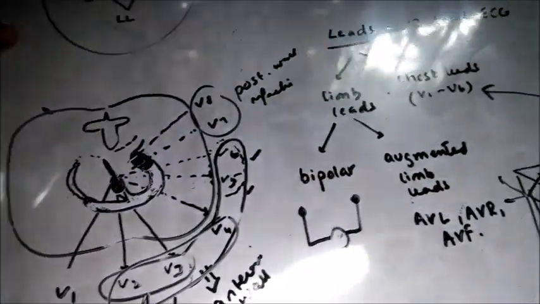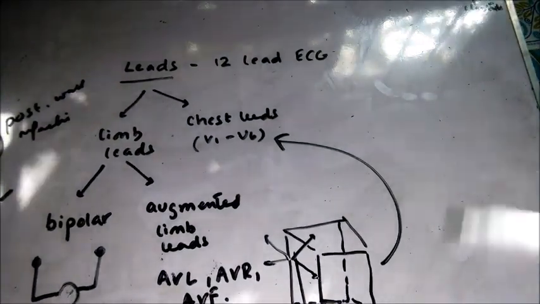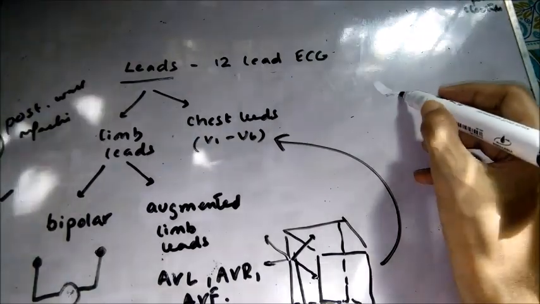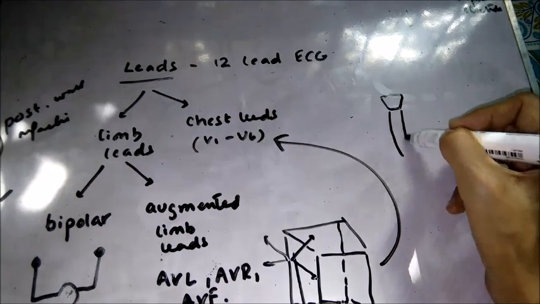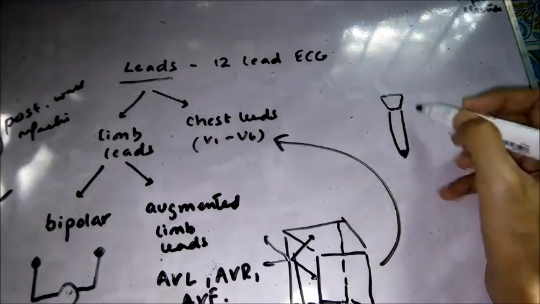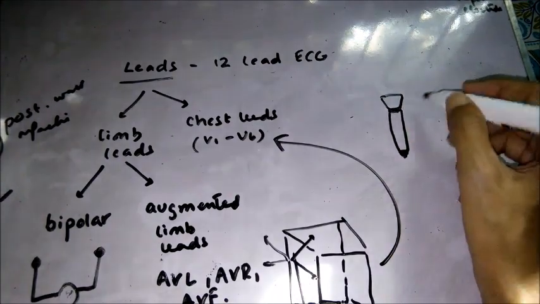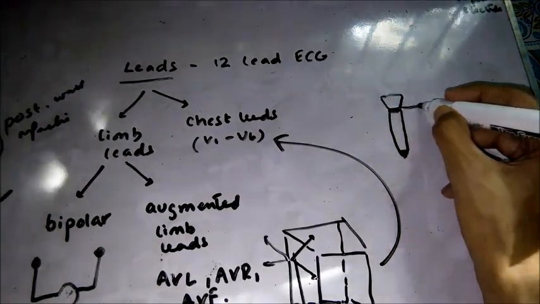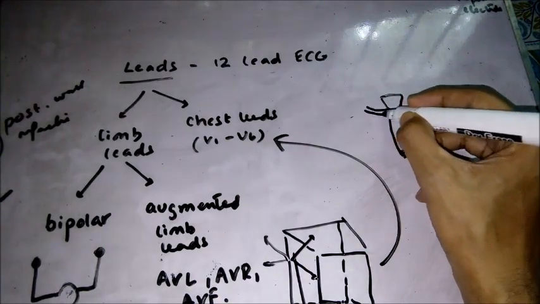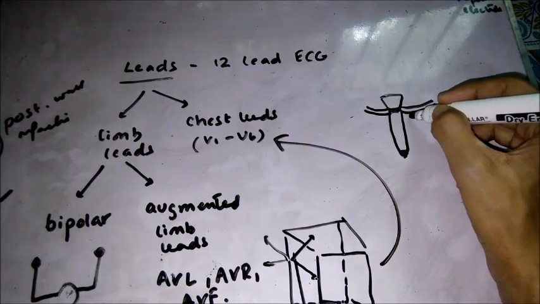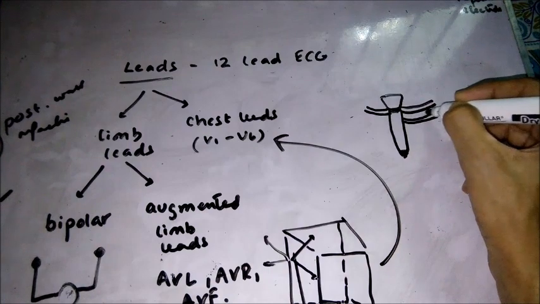So now it's important to know how these leads are actually placed, right? If this is the manubrium, and you have the sternum, this is the xiphoid process. You have the angle of Louis, or the sternal angle, and on the sternal angle we have the second rib attached. Right beneath the second rib we have the second intercostal space.